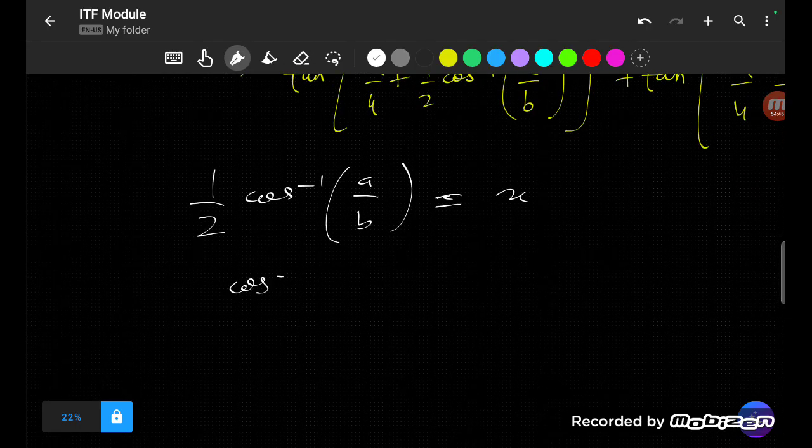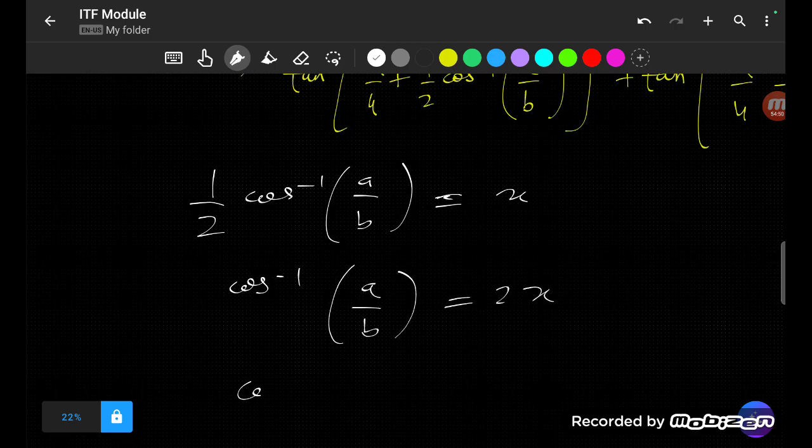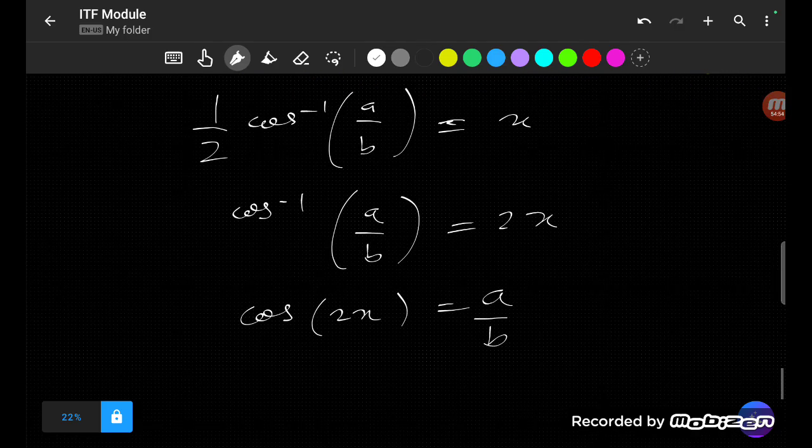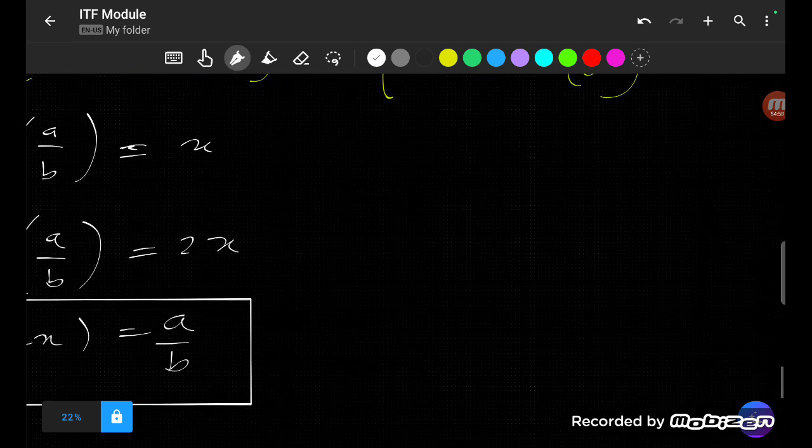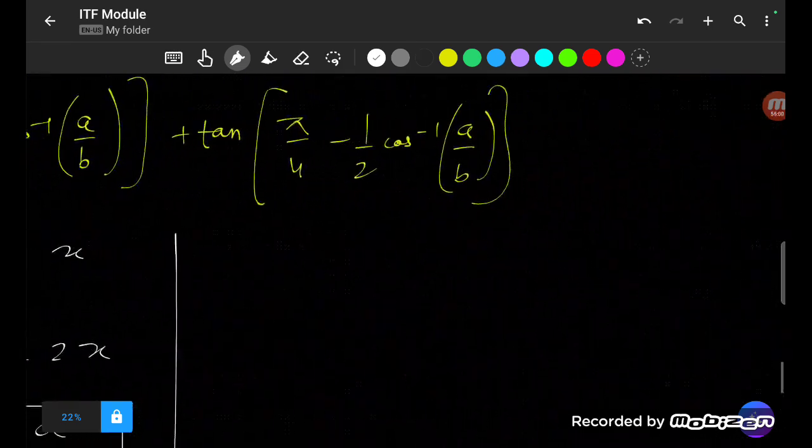So you have cos inverse a by b equals 2x. So cos 2x equals a by b. I'll just keep that in mind. And let's try and remove it in their terms, no?